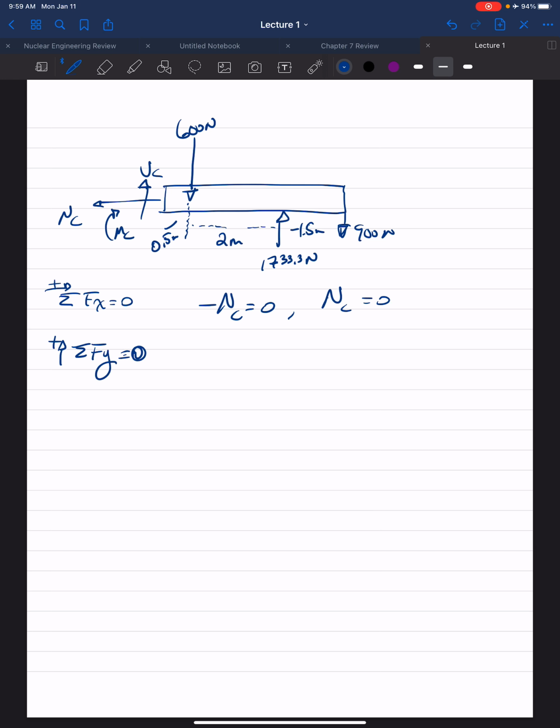Sum of our forces in the y direction, you have V sub C minus our 600 newtons plus our 1733.3 newtons minus our 900 newtons equal to 0. V sub C.